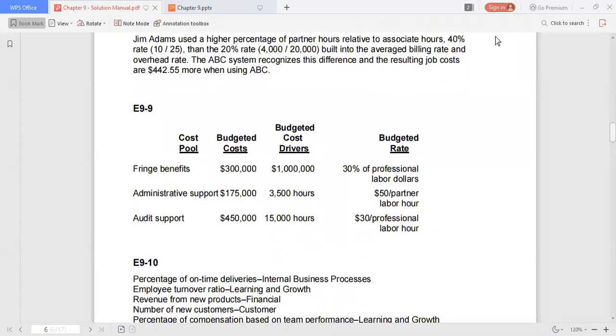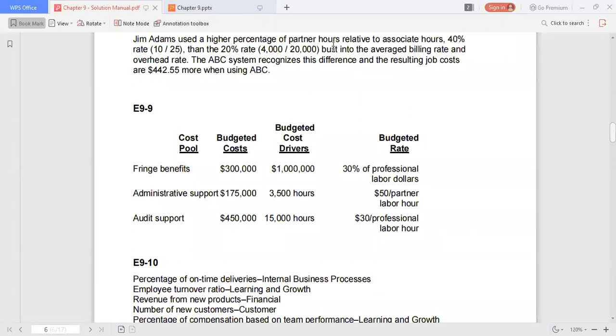Okay, we now go to E9-9, computing activity-based costing rates. The partners of Rosso and Cardis CPAs decide to implement an activity-based costing system for their firm. They identify the following three cost pools and budgeted amounts for each for the coming year.